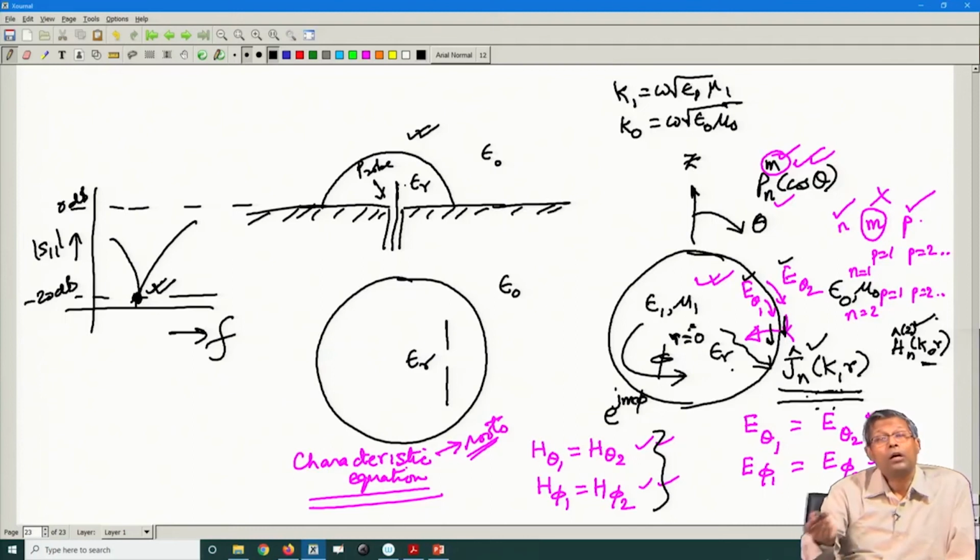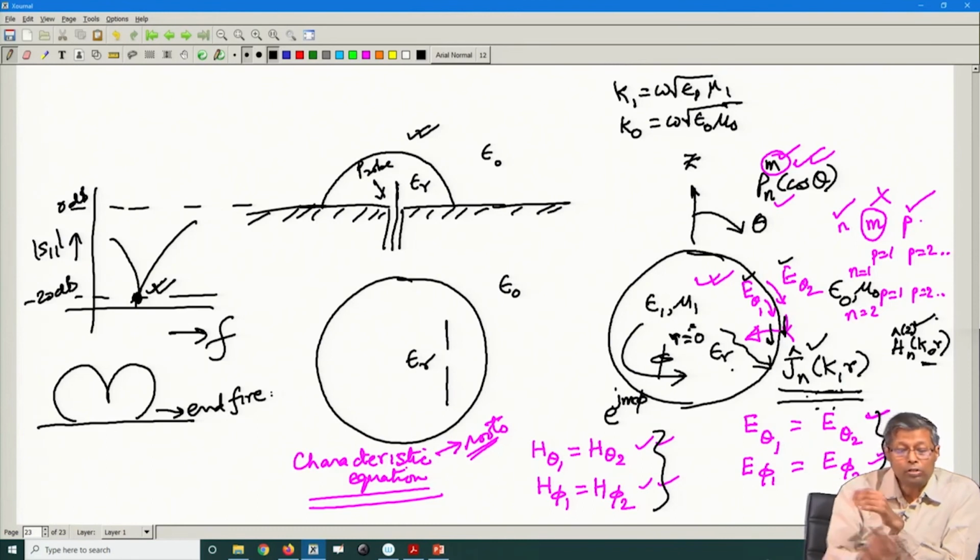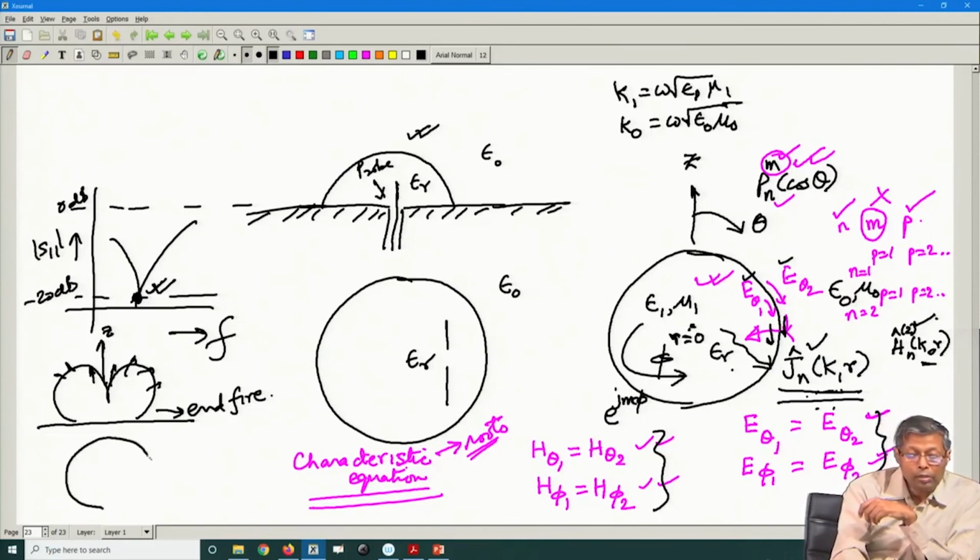In fact, it works a little bit the reverse way: the vendors give us a specification that, let us say, I want my antenna to radiate in this way, which can be called an end fire direction, or a vertically polarized pattern, because the polarization is vertical, or I want to radiate in this one, which is called a broadside pattern.